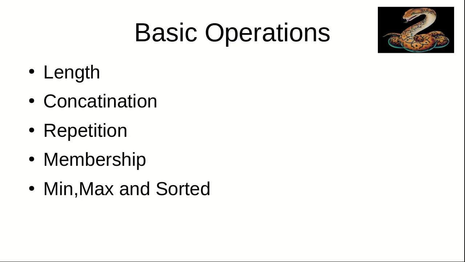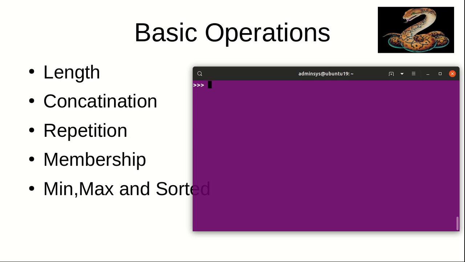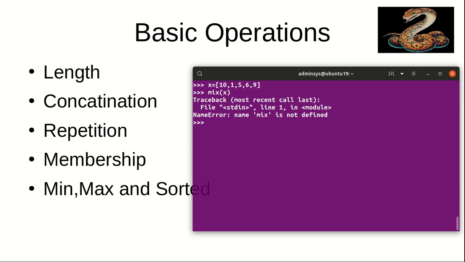And next we have min, max and sorted. Min and max are nothing but the minimum value and maximum value, and sorted is nothing but sorting the elements. If I create a list, let's say 10 1 5 6 9, and you want to know the minimum value in the list, then you can write min of x, sorry, min, not mix.